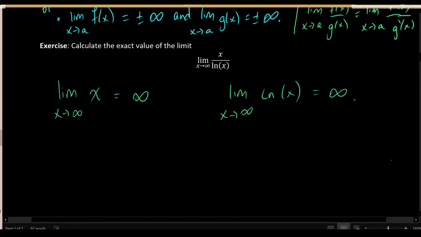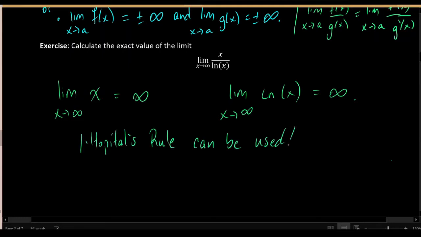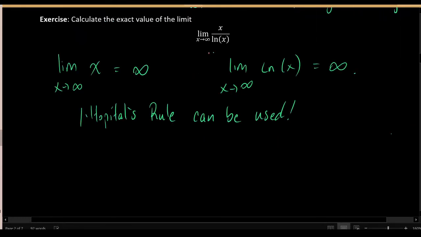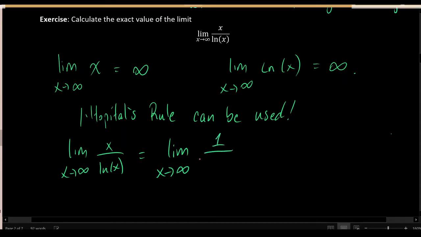So in this case, L'Hopital's rule can be used, and it says that instead of calculating the limit of the original quotient, you can instead calculate the limit of the derivatives of these two functions. The derivative of x equals 1.